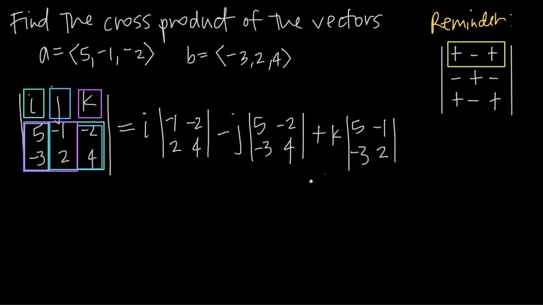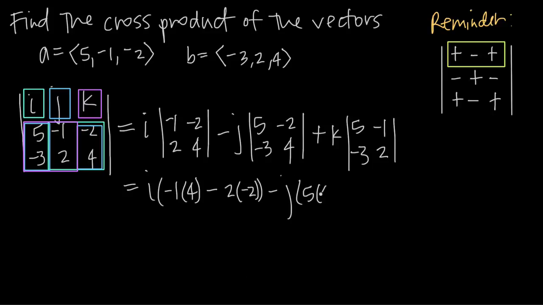Now we can just simplify these 2 by 2 matrices, and the way that you do that is you take the top left and you multiply it by the bottom right. So you take -1 times 4, and then you subtract the product of the lower left and the top right. So minus 2 times a -2. Then we're going to subtract J and multiply here by upper left times lower right.